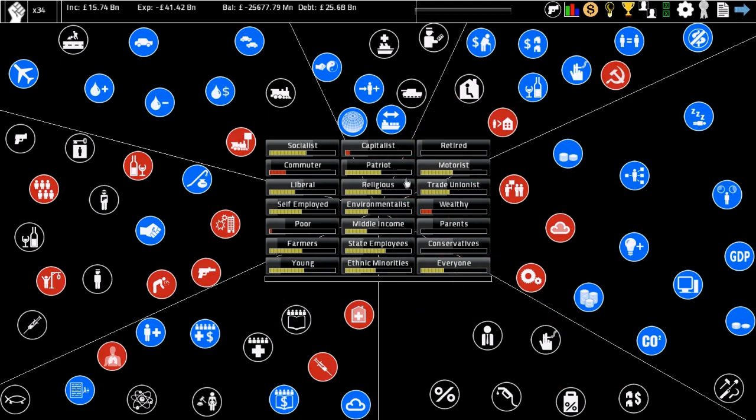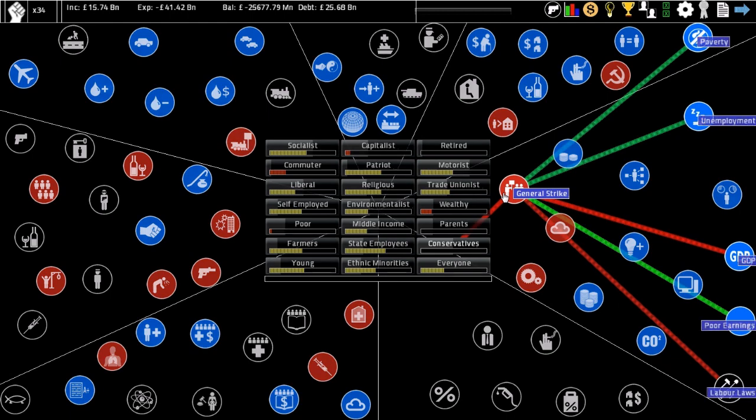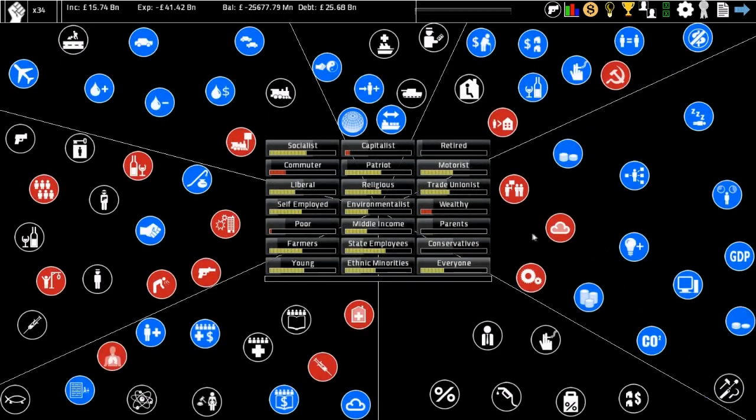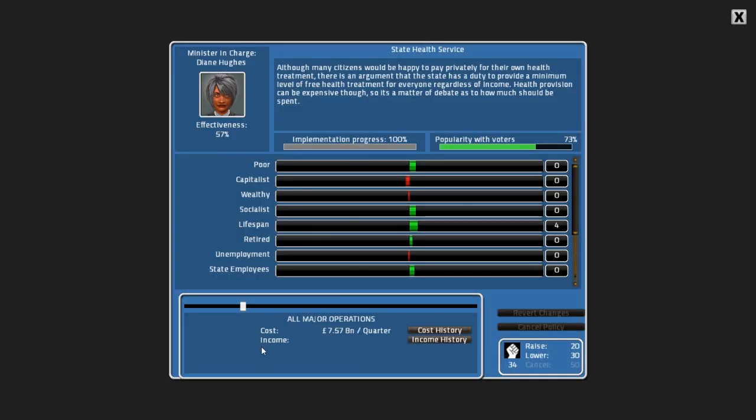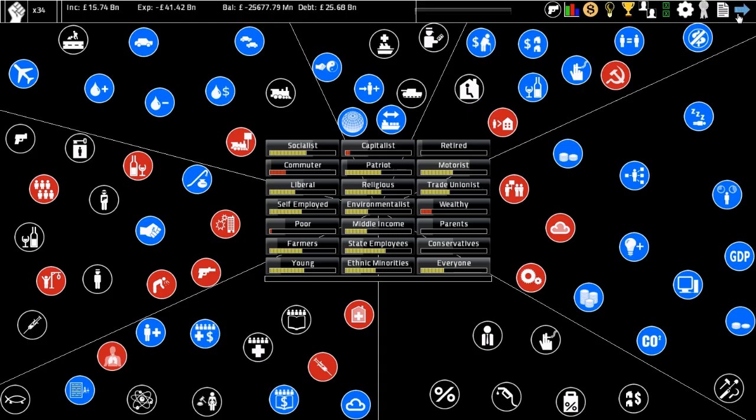Under the hood, a huge amount has changed. There's a lot more simulation values, and some that you aren't going to see. But one of the major things is there's support for private provision of what in the previous game were public services. So if I look here, this is the State Health Service, and that's pretty much as it would be.